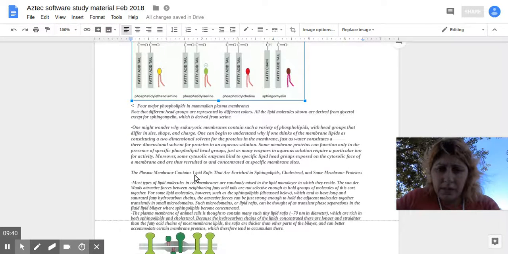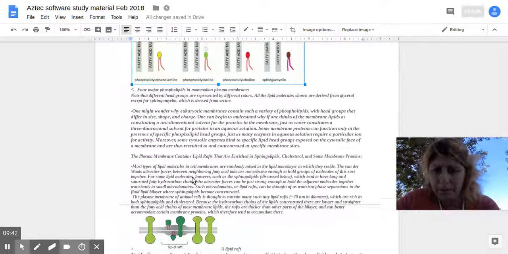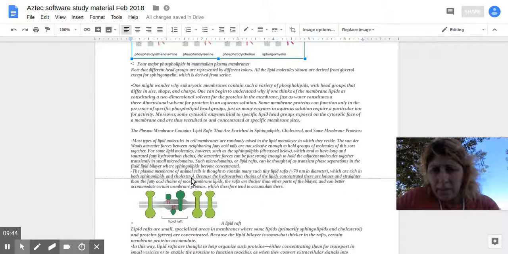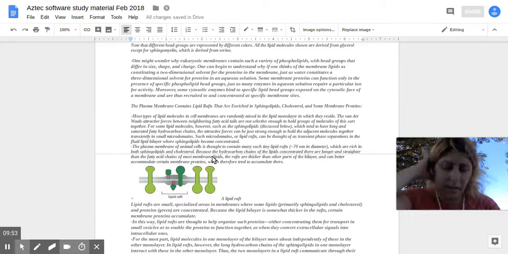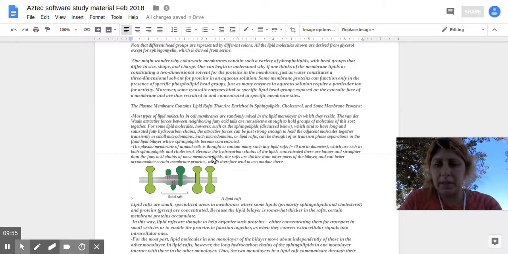So these lipid head groups are very important, and are in different concentrations based on the various functions on the cell membrane.